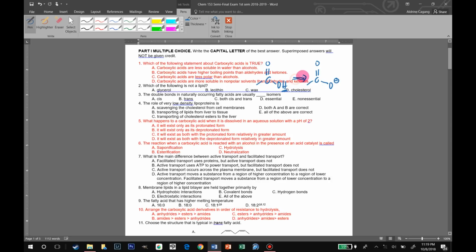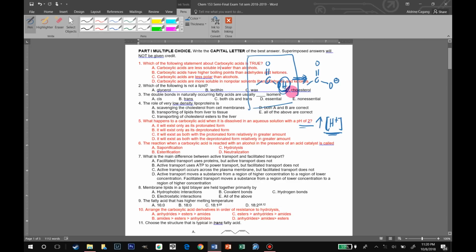And then your carboxylic acid becomes deprotonated. It gains a negative charge. So if you have a pH of 2, that implies a high concentration of protons. Because there is a high concentration of protons, your acid is not going to have a need to donate its H into solution because there's already a high concentration of H. So the more predominant form in your solution is the protonated form.